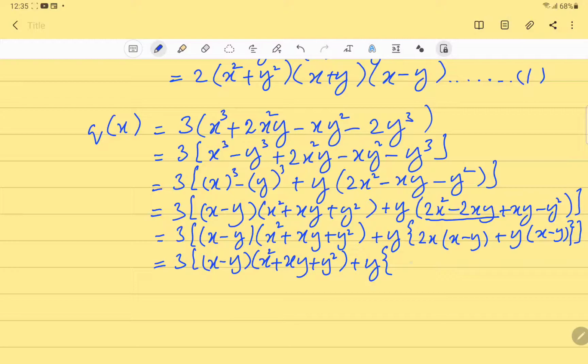Okay, now here we have x minus y common, and in the bracket we are left with 2x plus y. This bracket is no longer required.